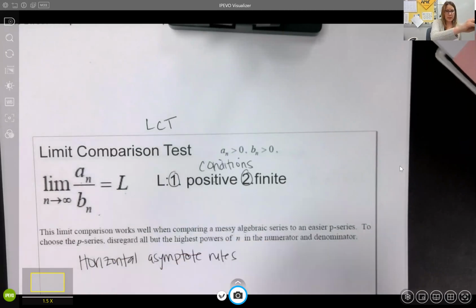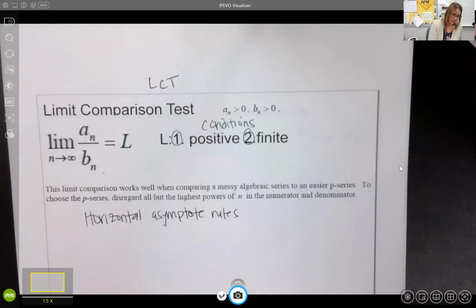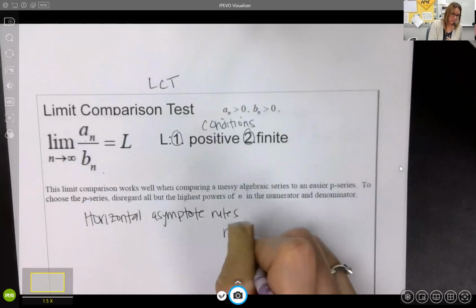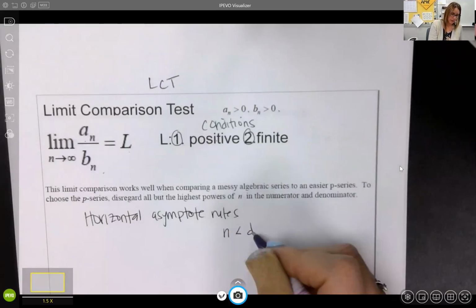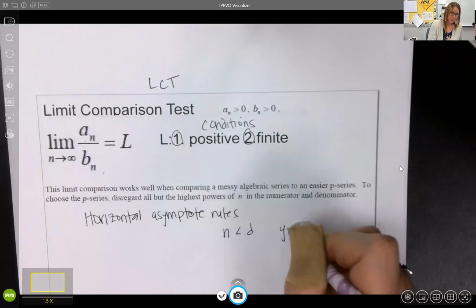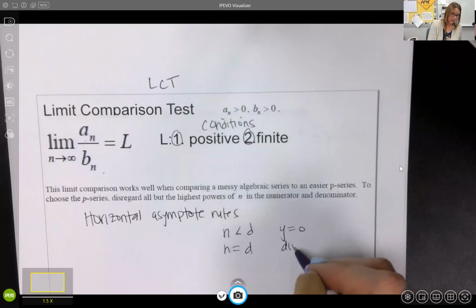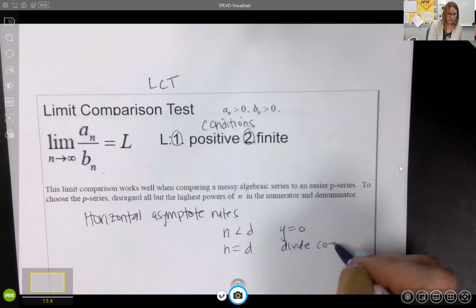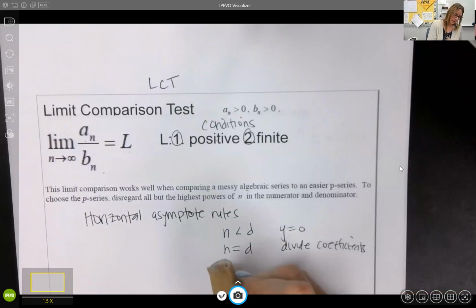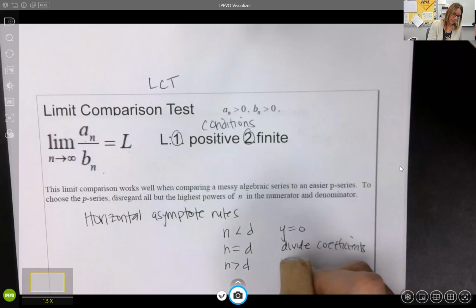Just a reminder of those rules. If the numerator power is smaller than the denominator power, then the limit is 0. If they're equal, we divide coefficients. And then if the numerator power is greater than the denominator, then we don't have an asymptote.